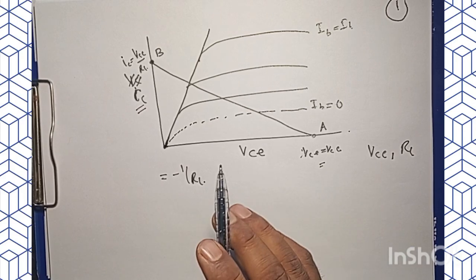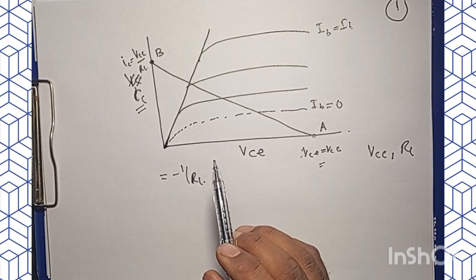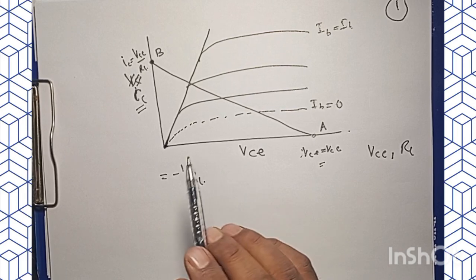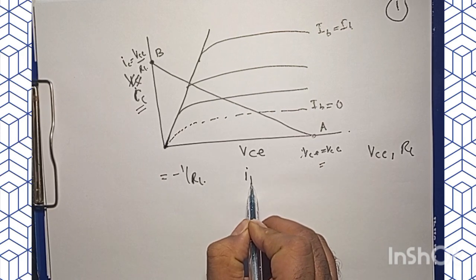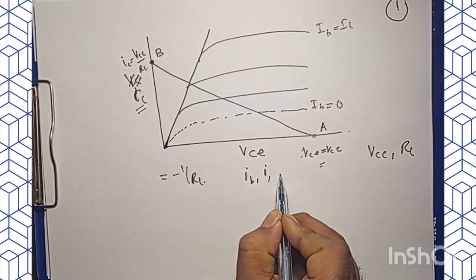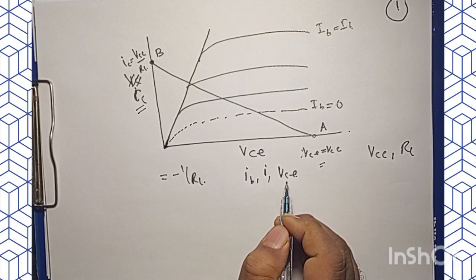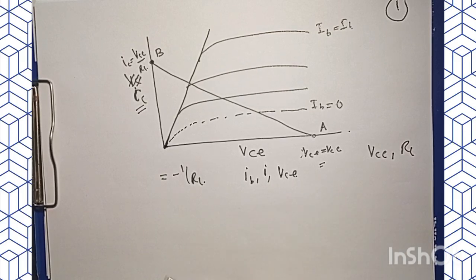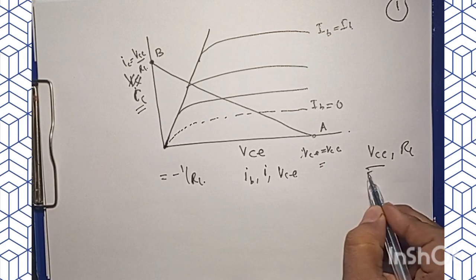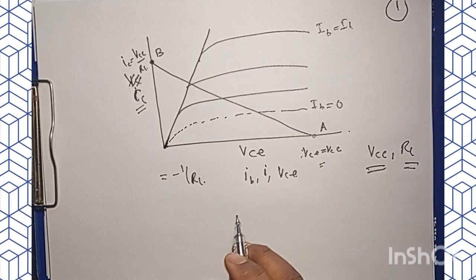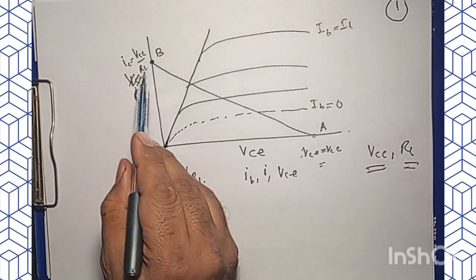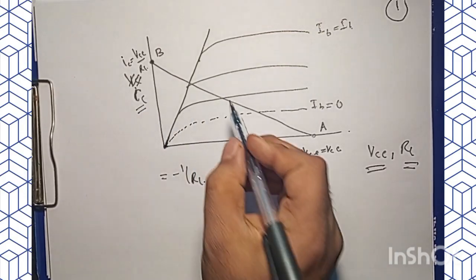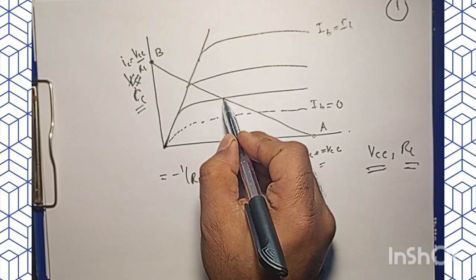Now I should say that this load line is the locus of all sets of IB, IC and VCE that can exist for a particular transistor with certain values of VCC and RL. So we have a load line, and we have a Q point.